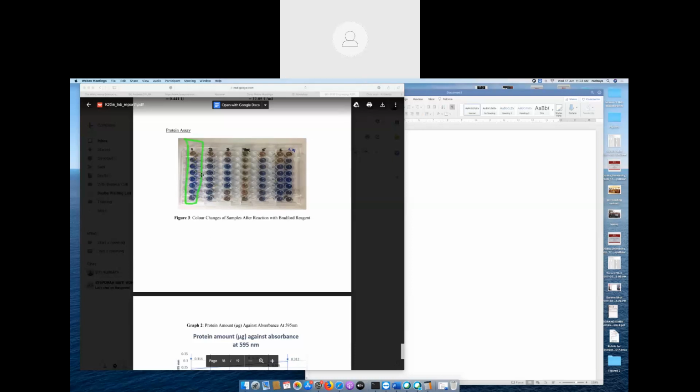So for this one, the first well is the Bradford protein assay. The protein assay is the assay method used to measure the other proteins in the crude sample, the lipase protein.